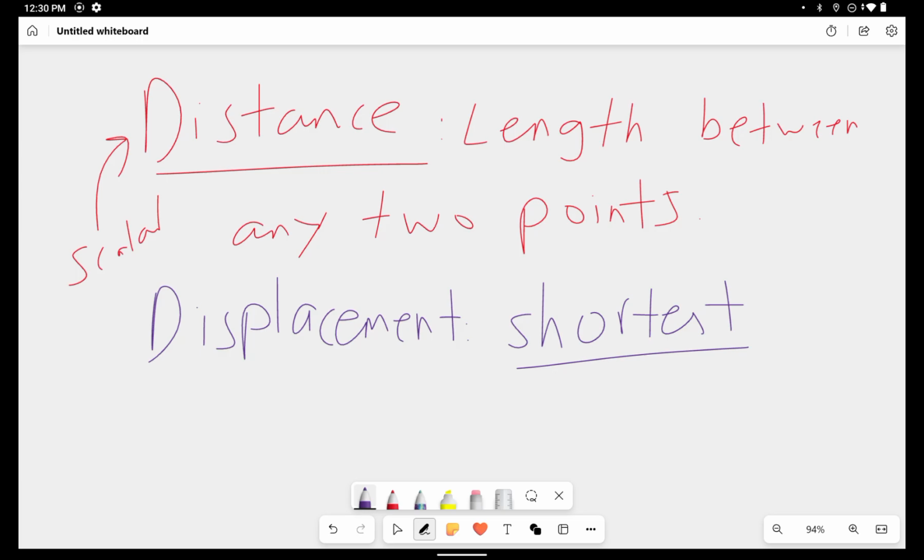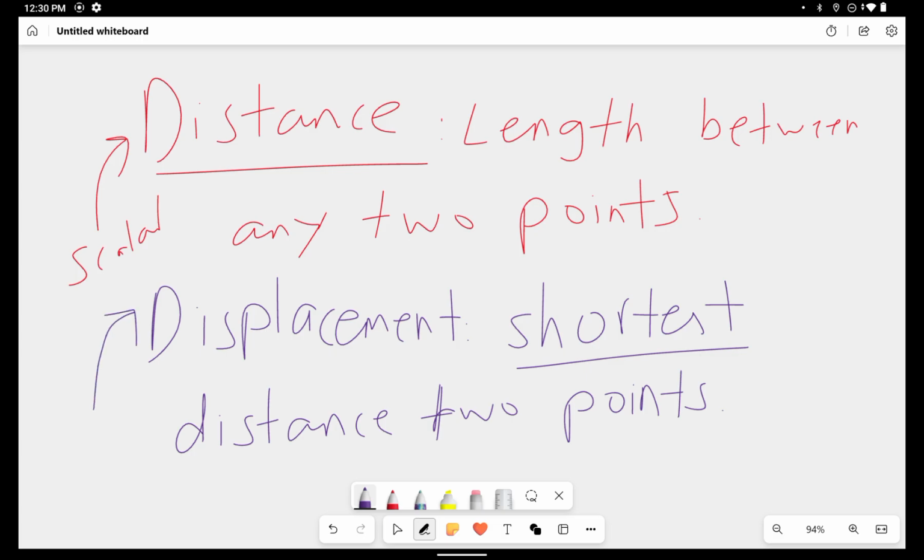This is a keyword: shortest distance between two points, plus it is a vector. So you now know if it is a vector, it will definitely have a direction associated with the magnitude. Displacement is the shortest distance between two points.